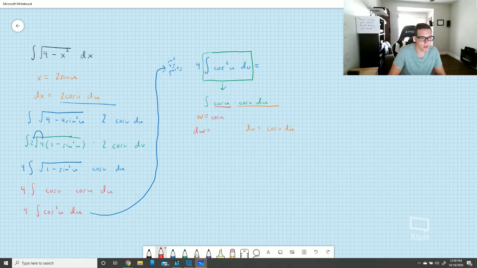dw, take the derivative of that, negative sine u du. v is the antiderivative of cosine u, which is sine u. Put them together. So it's telling me that this integral is equal to wv, the first two, cosine u, sine u, minus, but since there's already a minus, it's going to be a plus, sine squared u du.